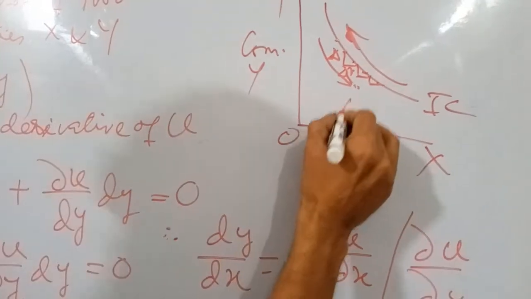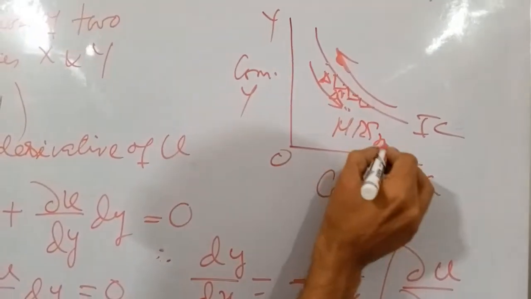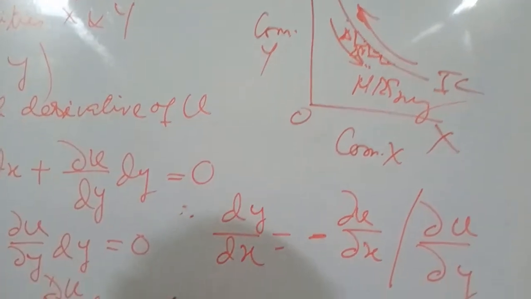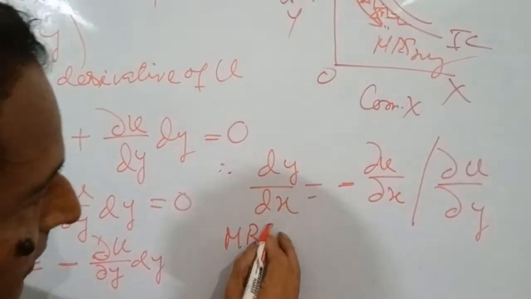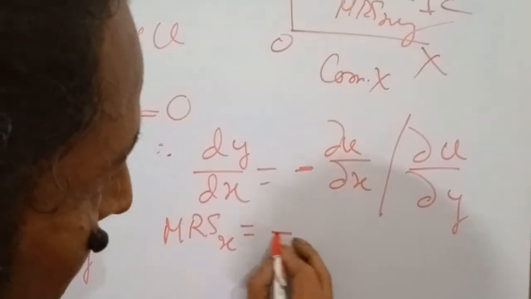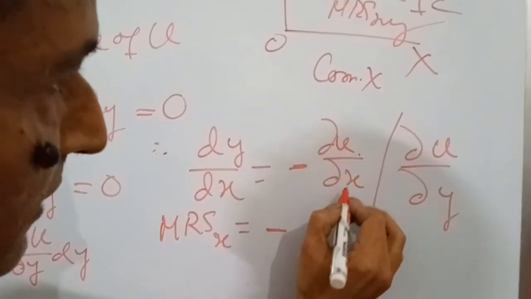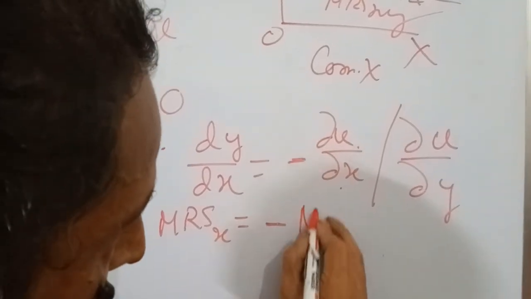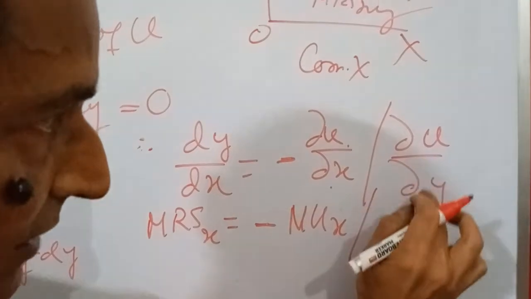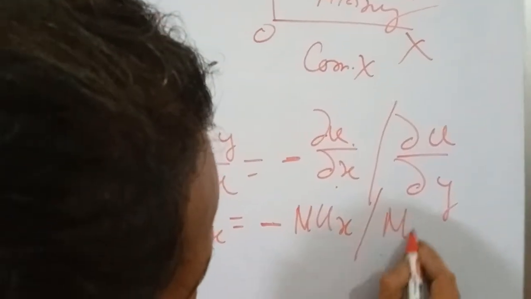This is MRS XY. So MRS XY is equal to minus del u del x, which means marginal utility of x, divided by del u del y, that is marginal utility of y.